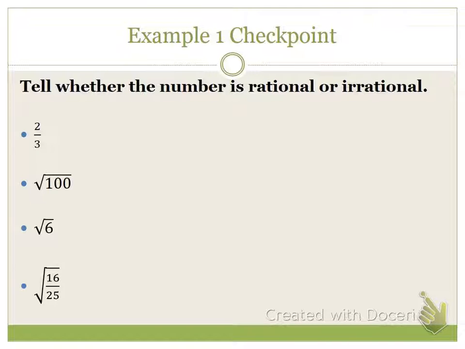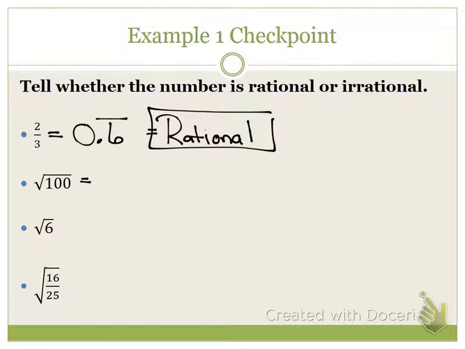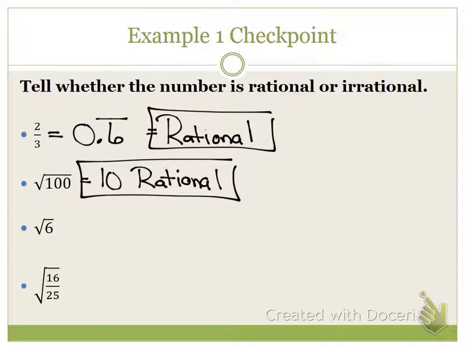Okay, you got 0.6 repeating. So since it's a repeating decimal, is it rational or irrational? Rational. All right. And then what about the square root of 100? What's the square root of 100? 10. So that's definitely rational, right? Yes. Okay, it's rational unless it doesn't terminate and doesn't repeat.